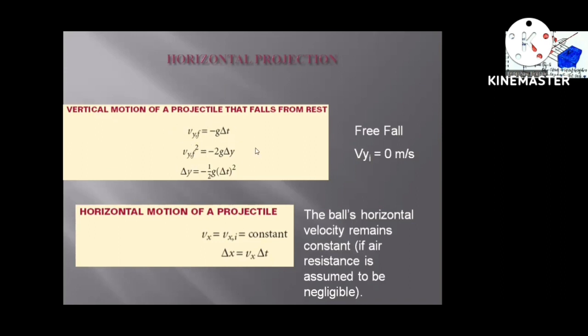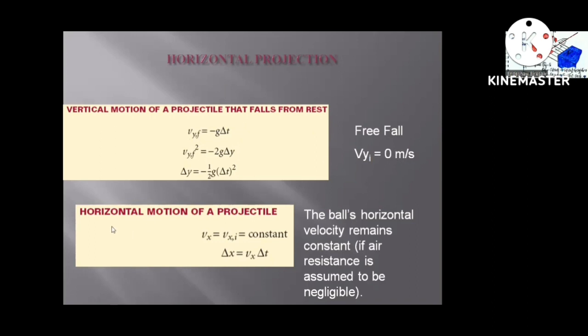The final velocity may be determined by one of these equations. If we are given the change in y, we can determine the final velocity using such equations. Or if we are not given the position, we can determine the final vertical velocity using other equations. Initially, since the motion is horizontal, it is free fall, so Vyi is equal to 0 meters per second.